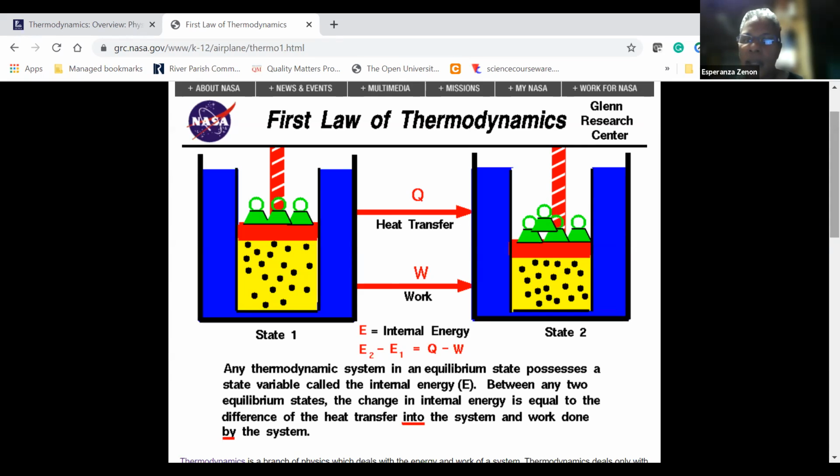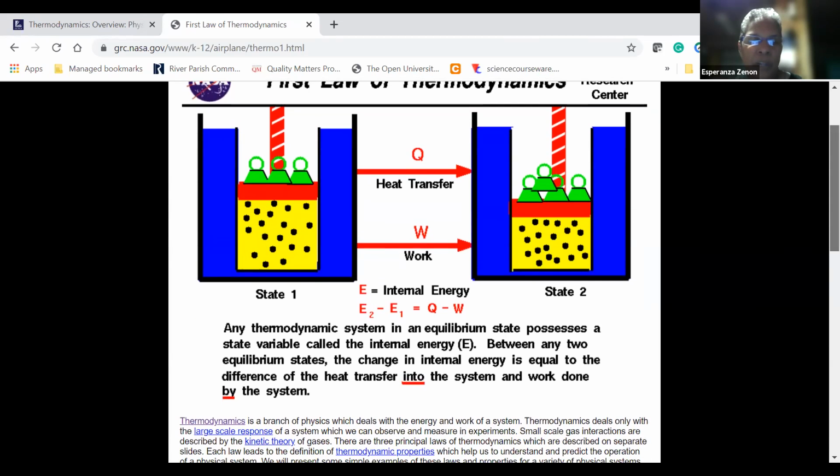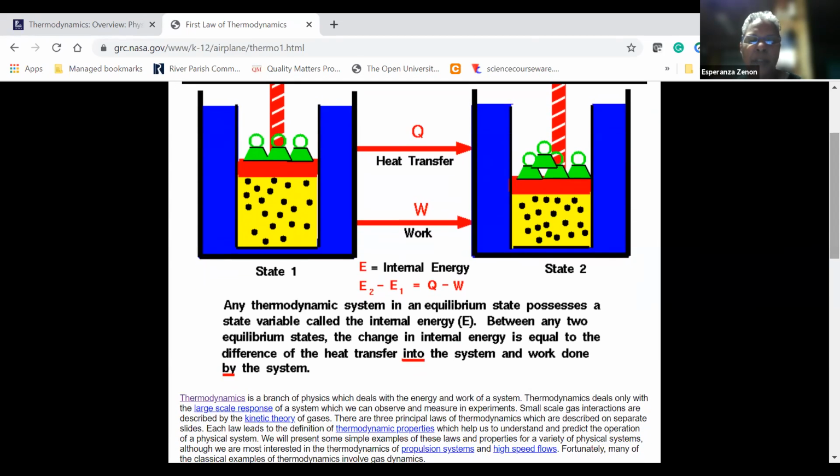Okay. And that is called the first law of thermodynamics. The difference between the energy when you look at different states in the system is equal to the difference between the heat transferred into the system and the work done by the system. Heat in, work out. And in particular, the first law says that Q minus W is not going to ever be equal to 0.